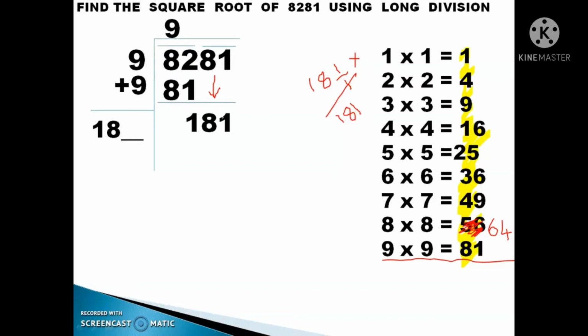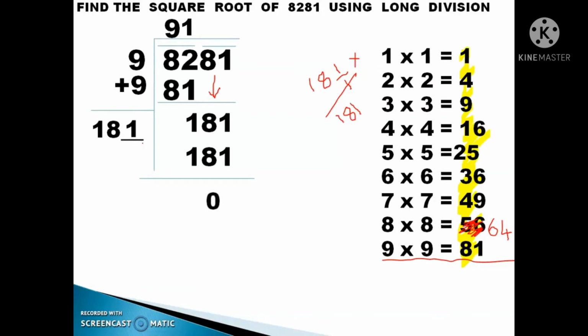Your aim is to find the number written here. Here in the first step itself I got 1. That is why I put 1 here. The same number you will write at the top. What is 181 into 1? It is 181. Subtract, you will get 0.